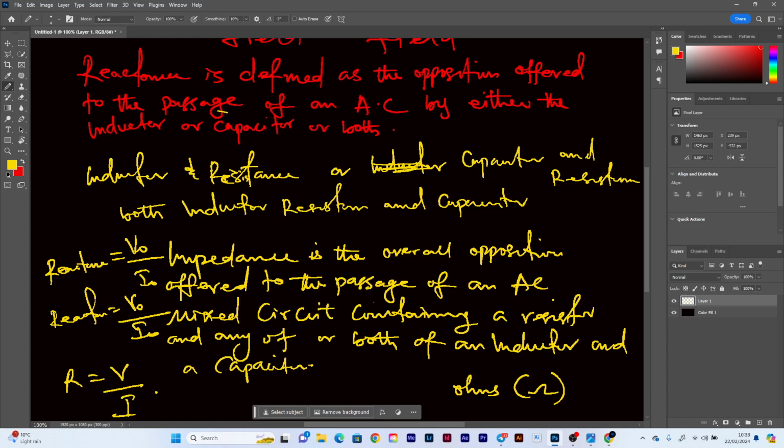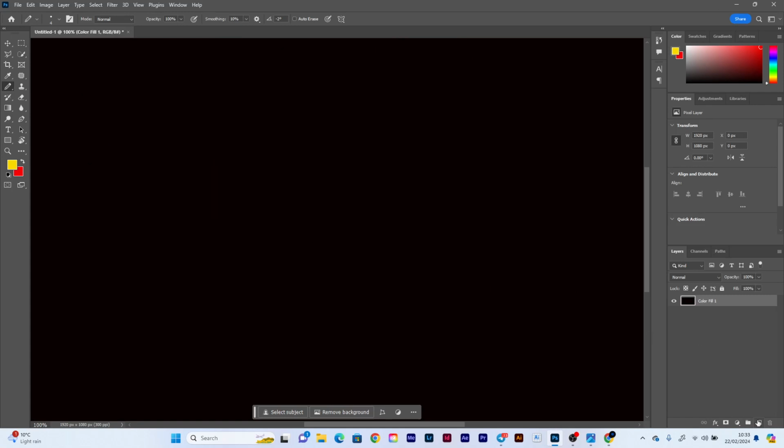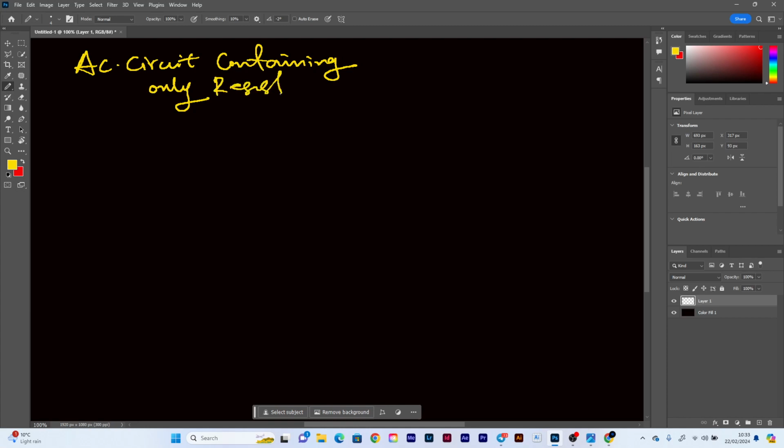So now let's start by looking at a circuit that contains only a resistor. Subheading: AC circuit containing only resistor.